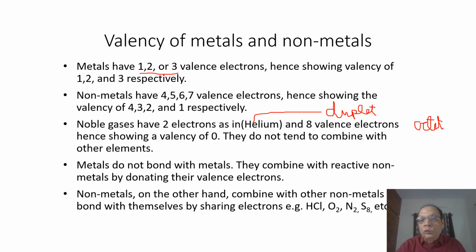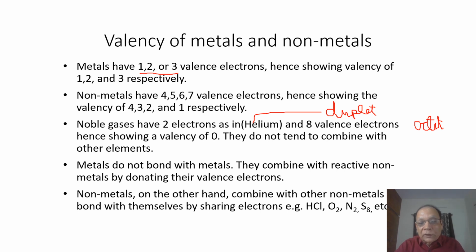They do not tend to combine with other elements. Metals do not bond with metals. They combine with reactive nonmetals by donating their valence electrons, forming what is called an ionic bond or electrovalent bond.